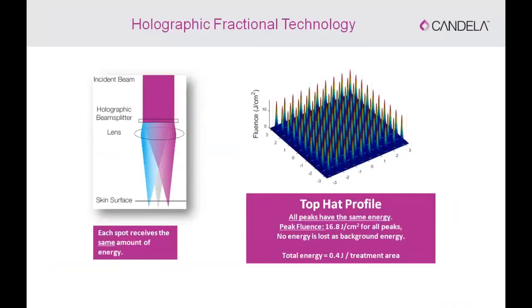It has this unique feature of a holographic fractional technology, where there is a beam splitter at the lens that splits the beam of light into very high-powered spikes of energy with no background energy. If you look at the total amount of energy, that is still low, but essentially you're using that holographic fractional technology to split the beam of light into spikes of energy.